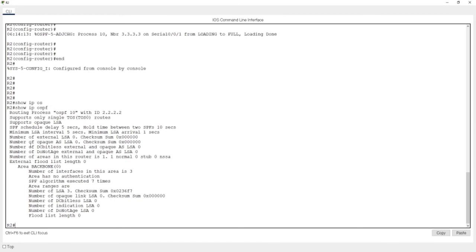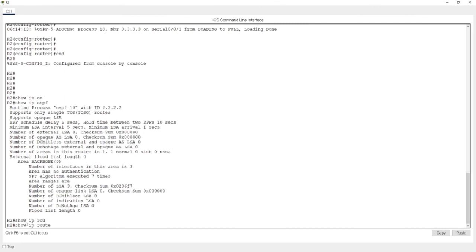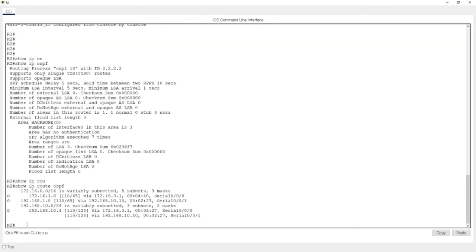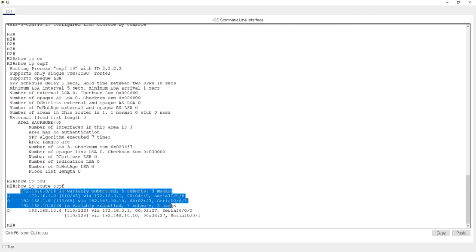Here we have information about this OSPF, and also we can show ip route ospf. Now we are going to check the routing table, and as you can see here, it's OSPF, and here we have the networks with them. So here we have the routes in the routing table.